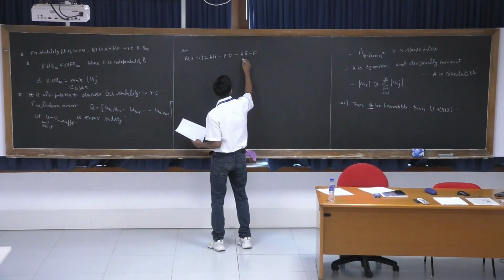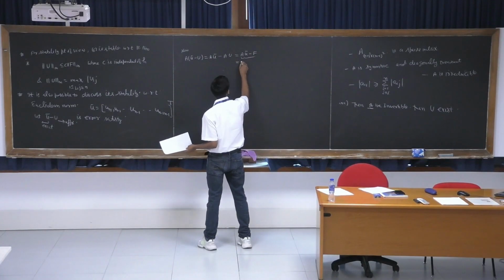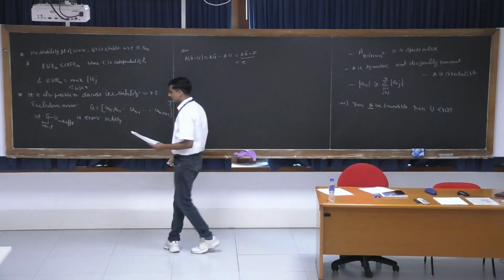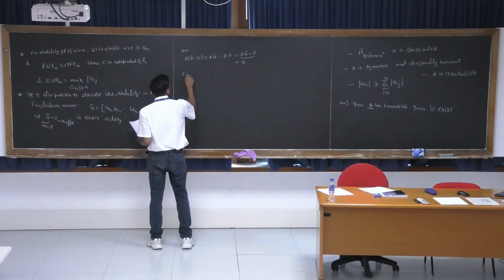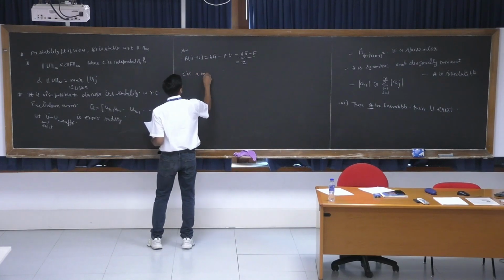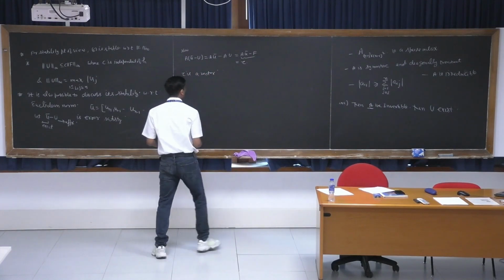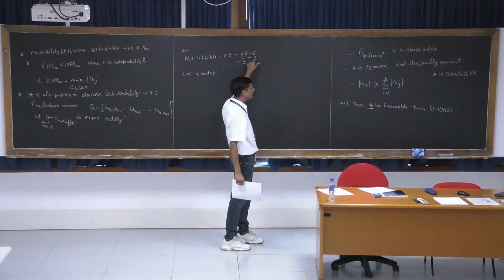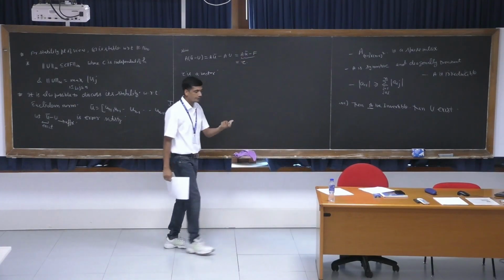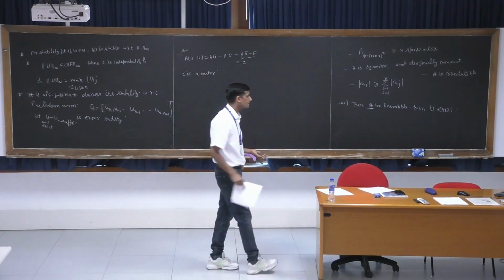Suppose I call this tau, where tau is a vector, because this is a vector and capital F is also a vector, so the difference between two vectors is again a vector.